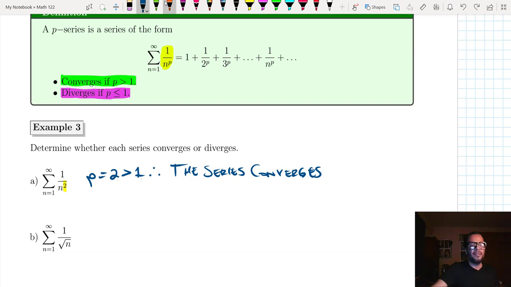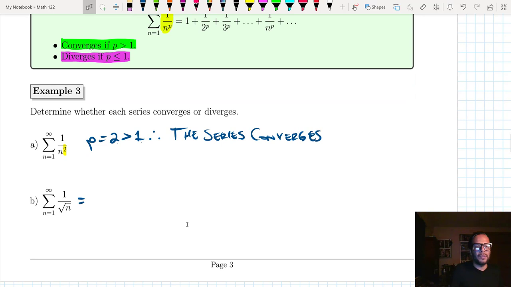Okay? Let's look at the next series, and you might want to rewrite this one before you can tell what P is. Notice in this case, it's given in the form of a radical. So I'm going to change this to the sum from n equals 1 to infinity of 1 over n to the 1/2. I'm going to focus on that 1/2 right here.